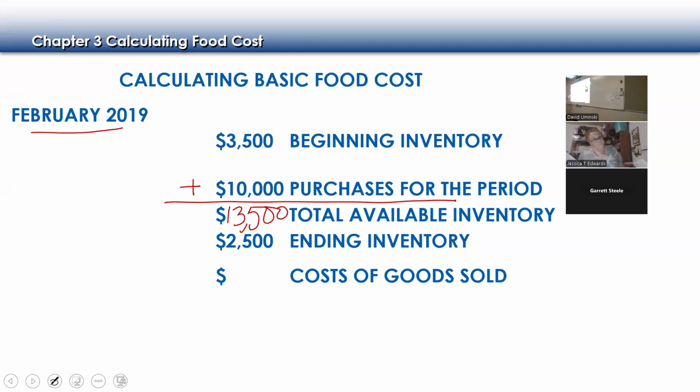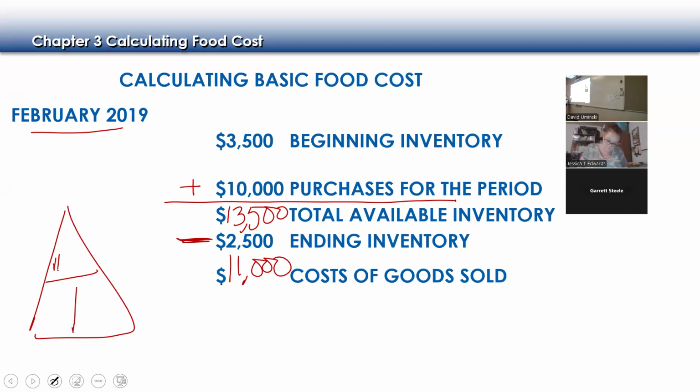And then at the end of the month we count all of our inventory that's available. And we have that ending, so we subtract it. And what do we get for our cost of goods sold? 11,000. $11,000. Okay.